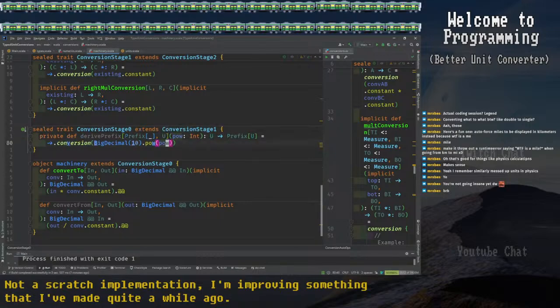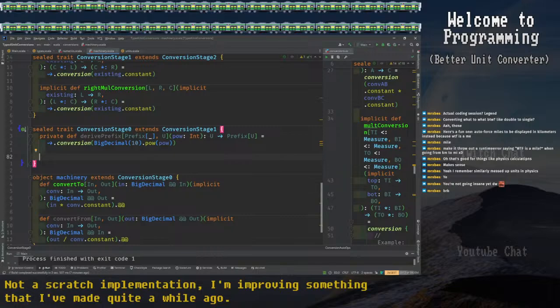Nice. So now we just have to do... I have to name all of these, which is annoying. Wait, hang on.